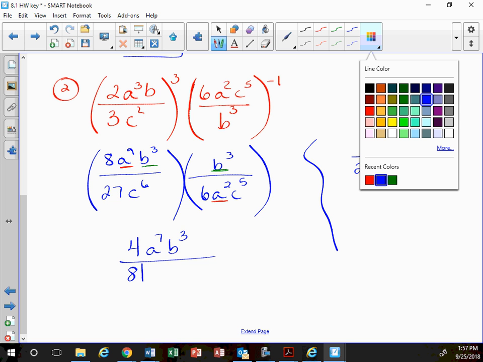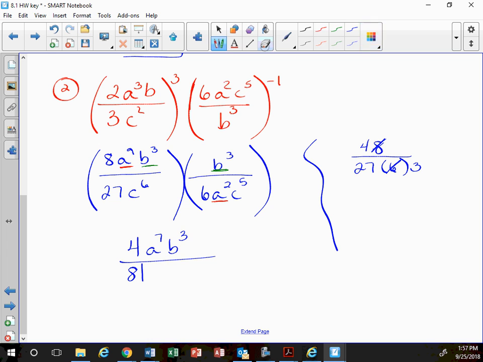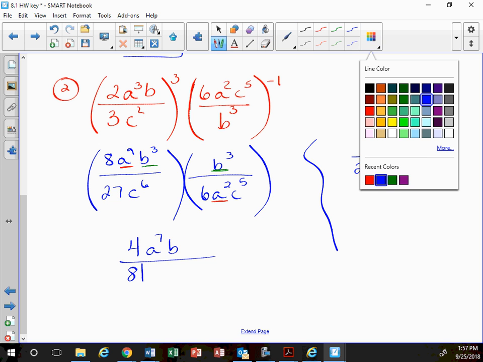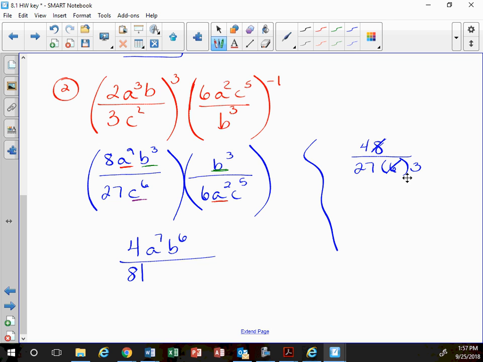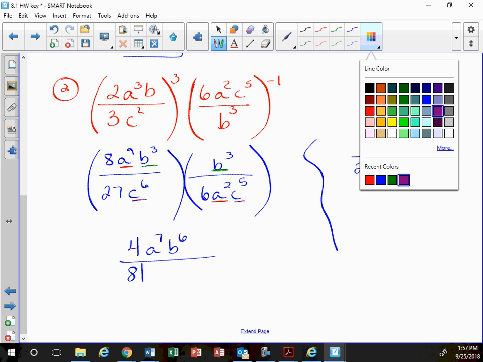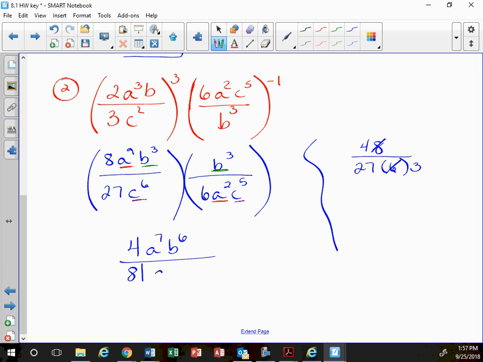Then my c's: c to the 6th and c to the 5th. What's the denominator? That is your answer.